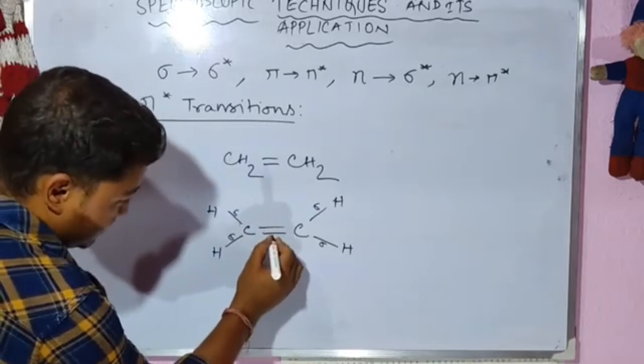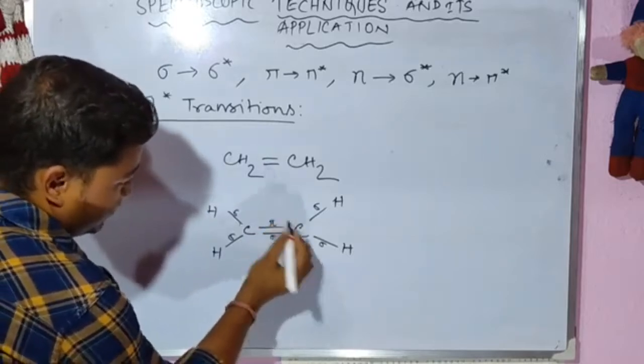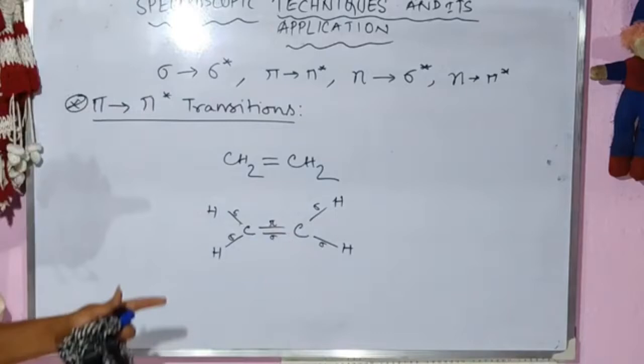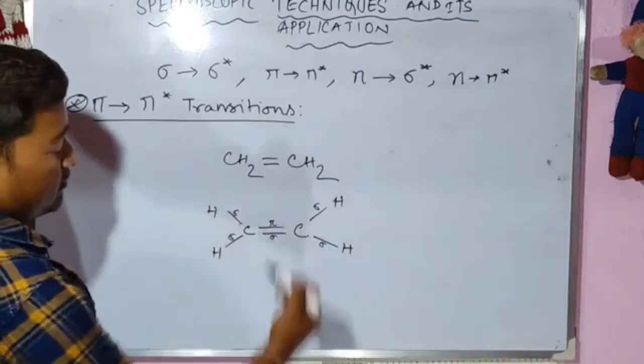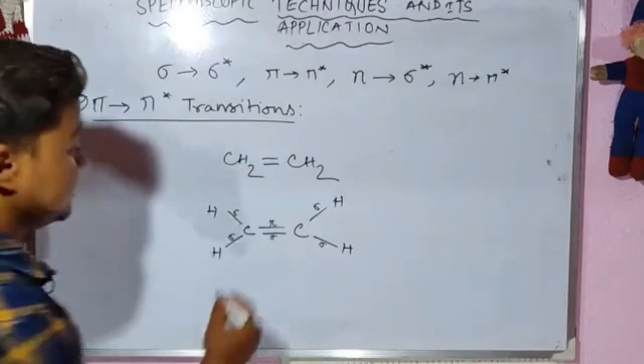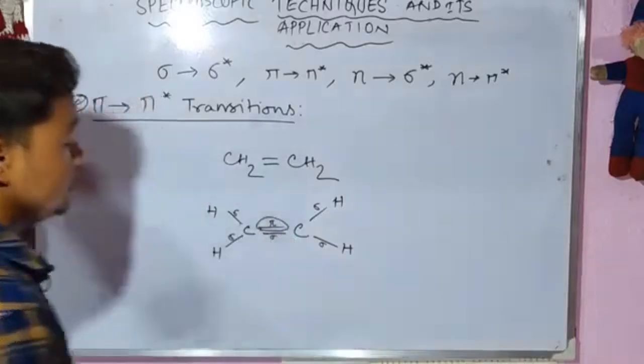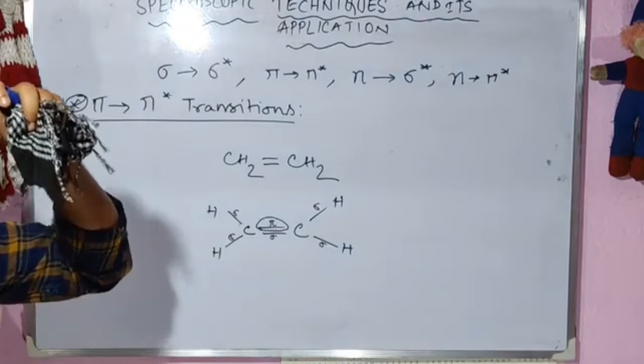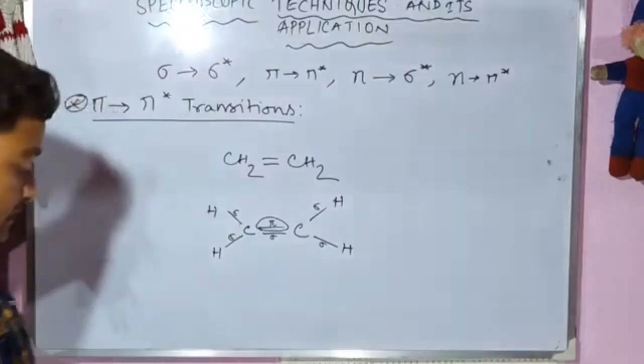One bond is a sigma bond and one bond is a pi bond. So in actuality sigma to sigma star transition also occurs, but here a pi bond is also present, so pi to pi star transitions occur.